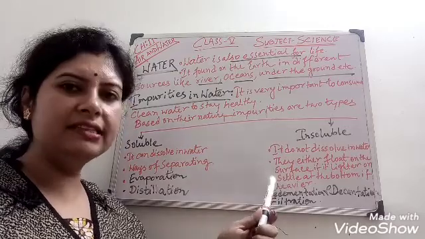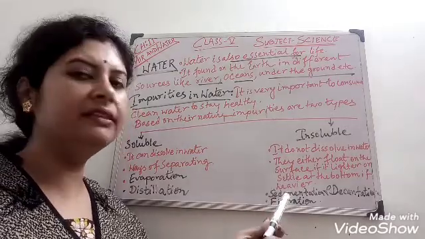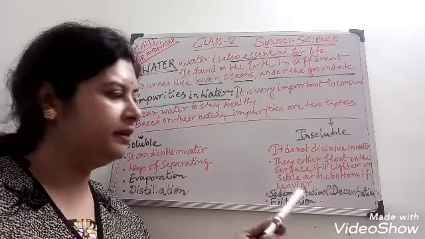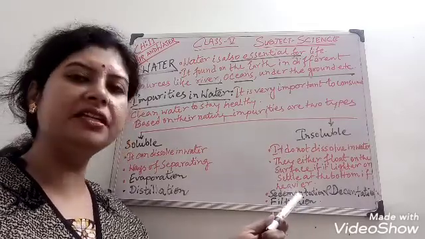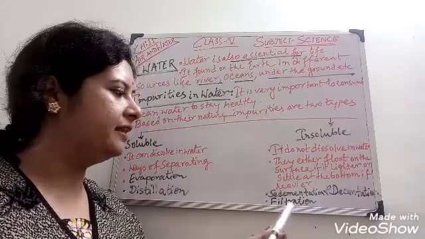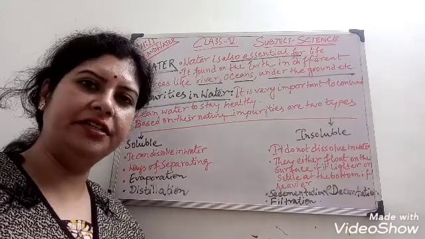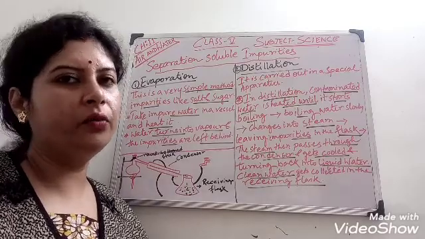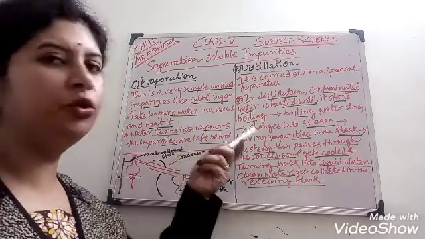So, in this case, we separate this type of impurities in the following two ways. Number one, sedimentation and decantation, and the second way is filtration. Clear? Now, we are going to know about these methods.